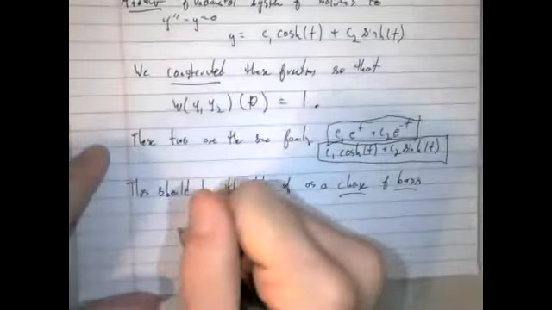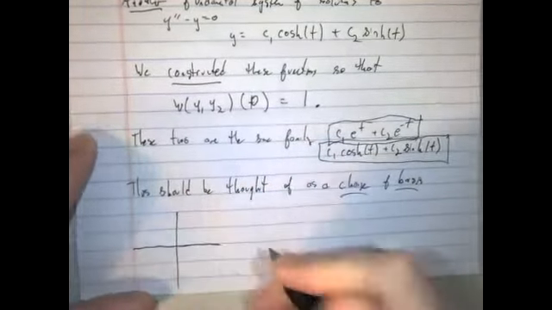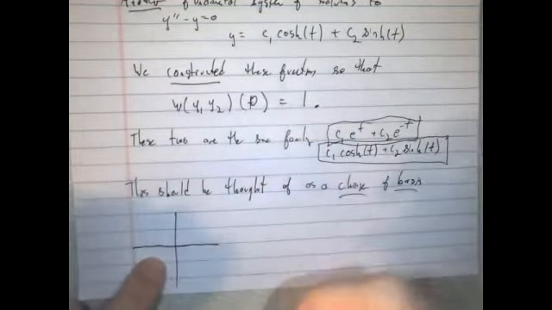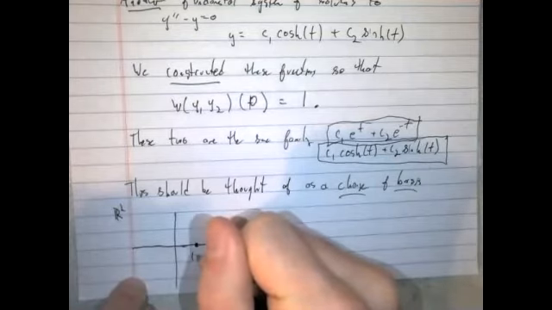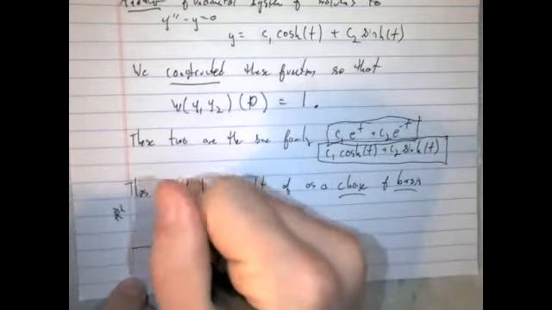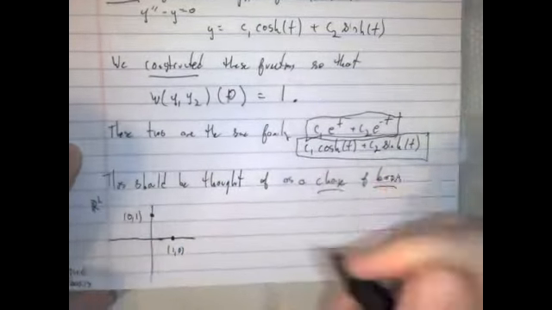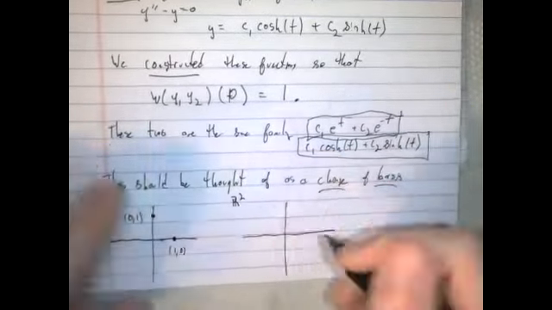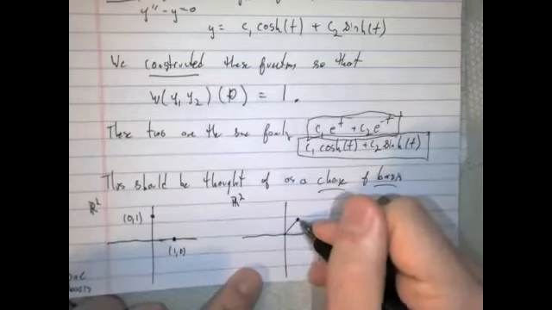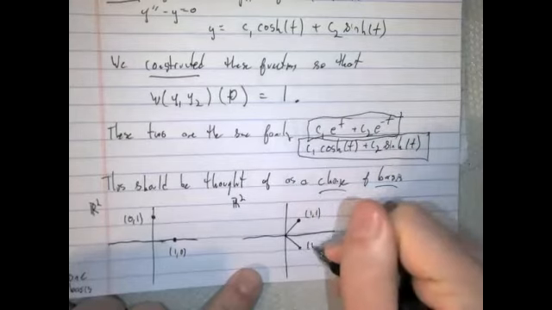So when I think of a change of basis, one thing that I think of is a very nice basis of R2 is 1, 0, and then 0, 1, right? This is one basis. And then another basis of R2 is something that looks like this. Say 1, 1, and 1, -1.